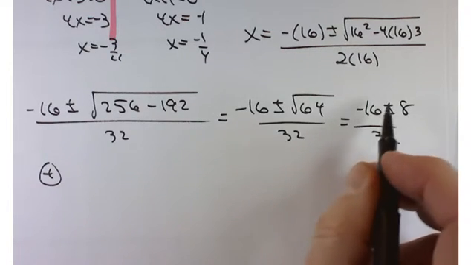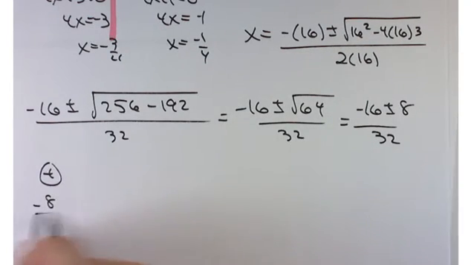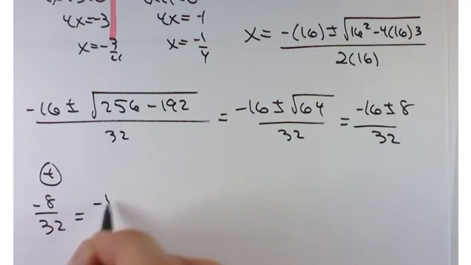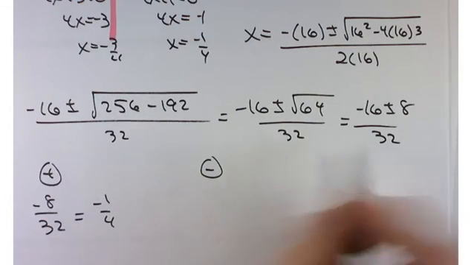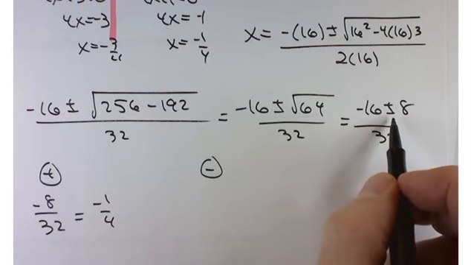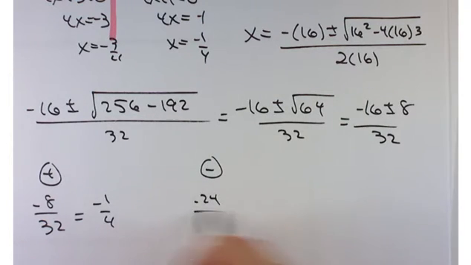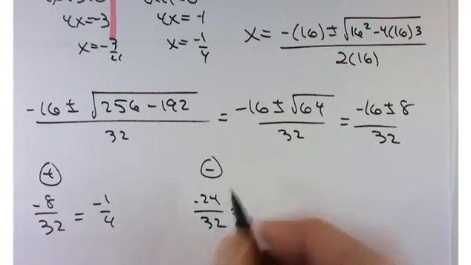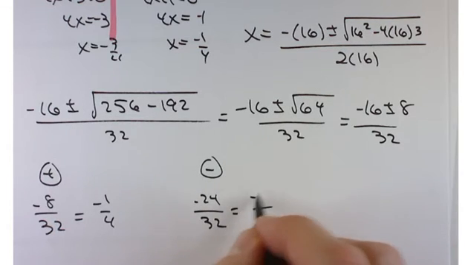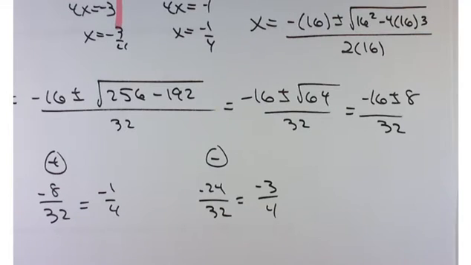Negative 16 plus 8 is negative 8, over 32 reduces to negative 1/4. Negative 16 minus 8 is negative 24, over 32. 8 goes into both of these, in the numerator 3 times, and the denominator 4 times. So there's your two answers arrived at in a different way.